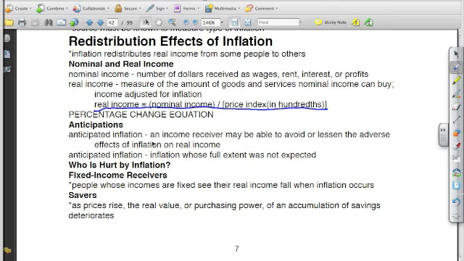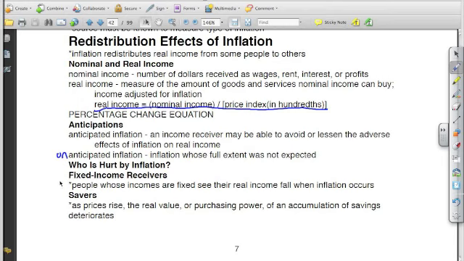Anticipated inflation is when an income receiver may be able to avoid or lessen the adverse effects of inflation on real income. This should be unanticipated inflation, and that's inflation whose full extent was not expected.